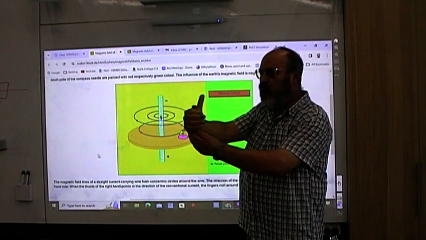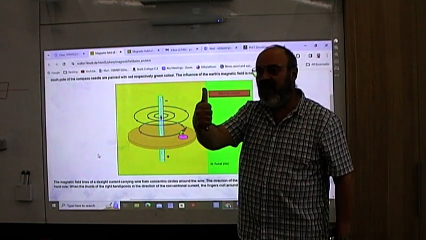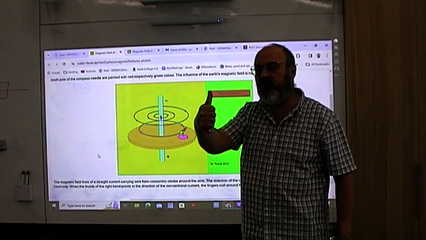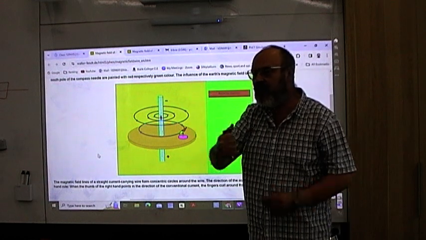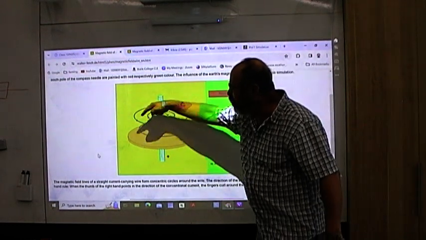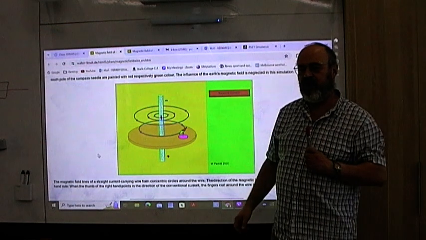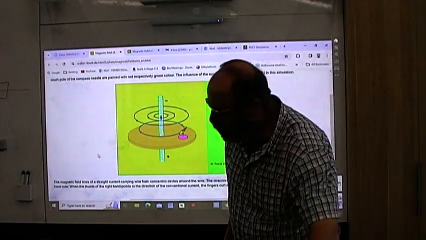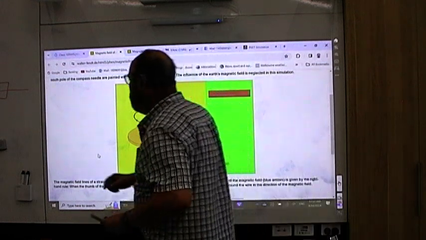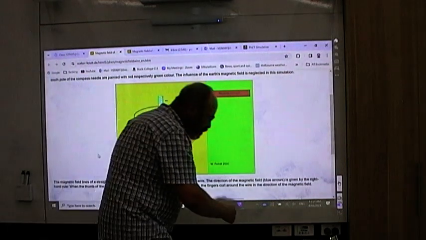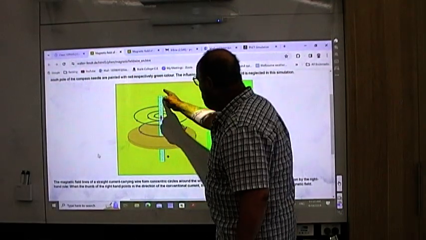Current is up, so I grip it, and those fingers give us the direction of the magnetic field. And the magnetic field, because it's closed, goes around the wire in a circle in this direction. So if we look at the diagram, which wire do we grab? We have a wire with the current.